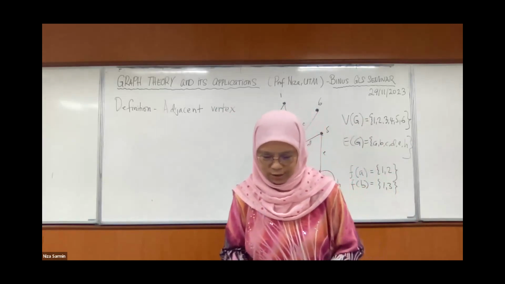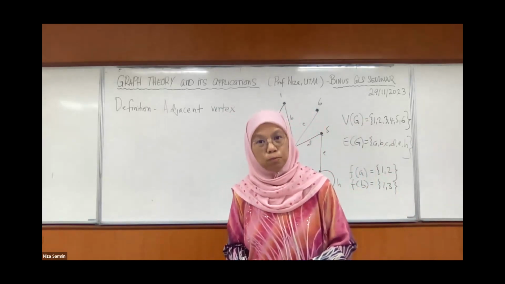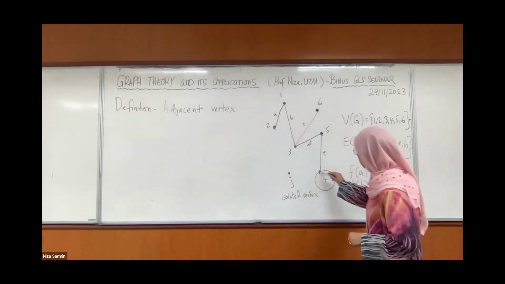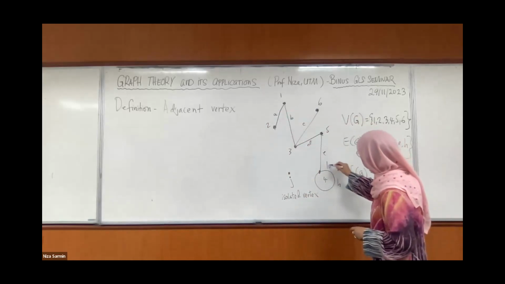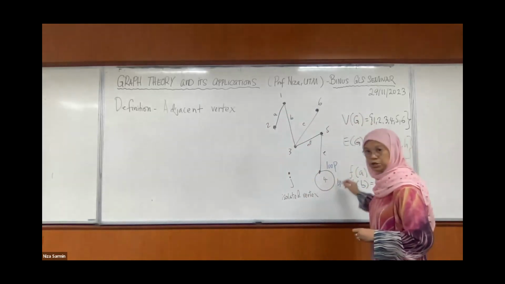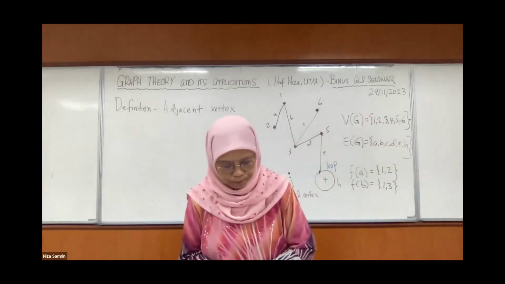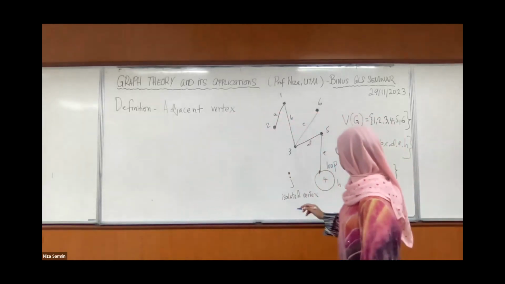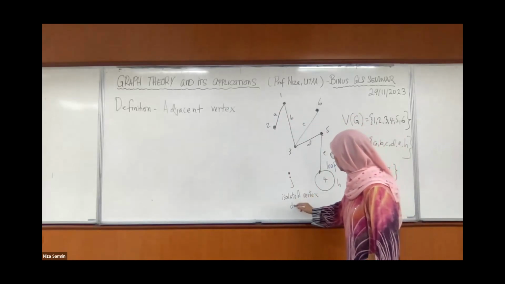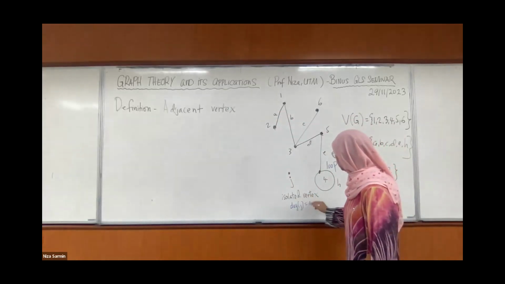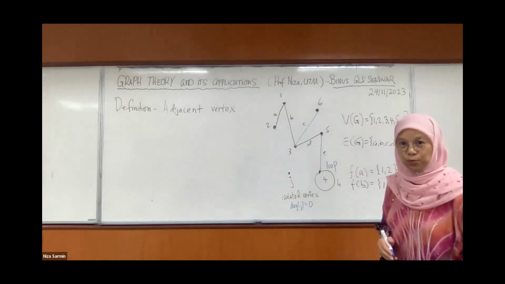I mentioned a loop. A loop is an edge from the same vertex. This is an isolated vertex. The degree is 0.